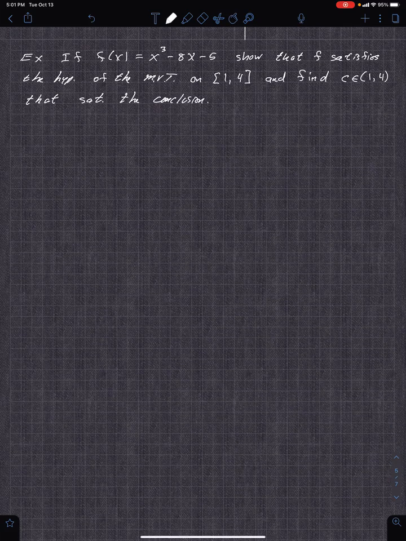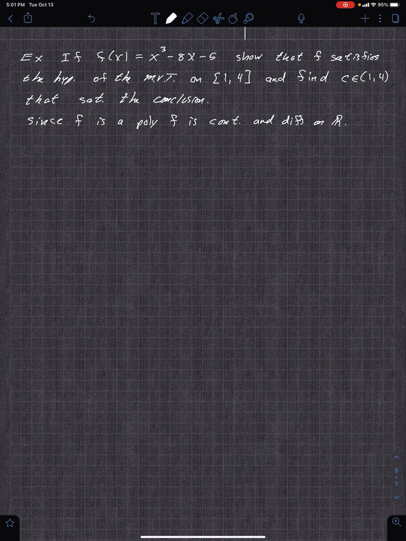Okay, so since f is a polynomial, f is continuous and differentiable on R, and therefore, of course, on those intervals. All right, there's not much else to say there.